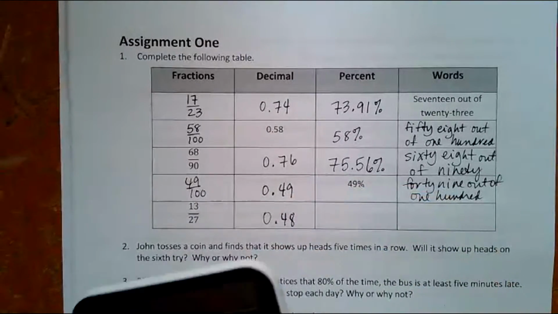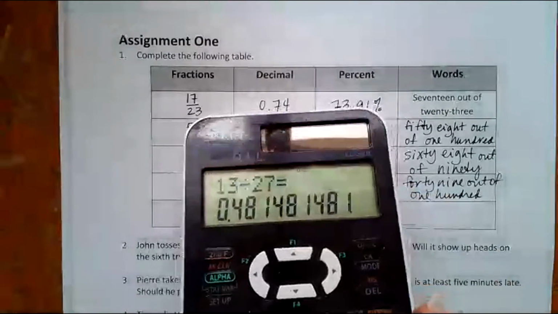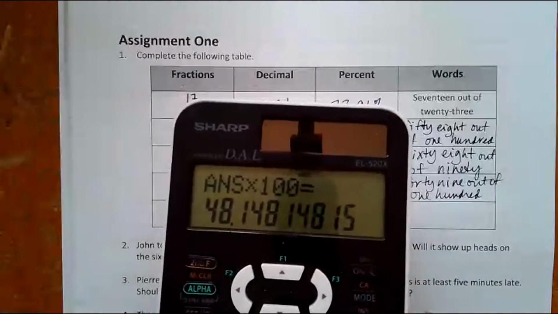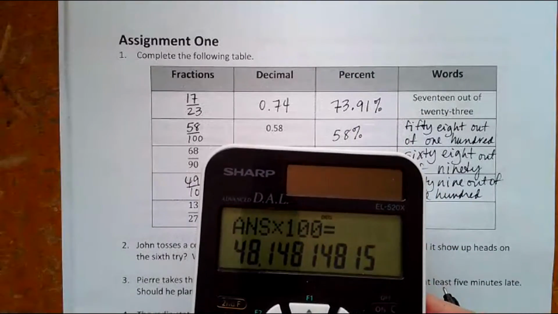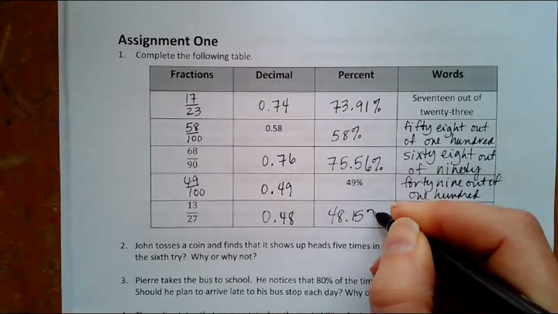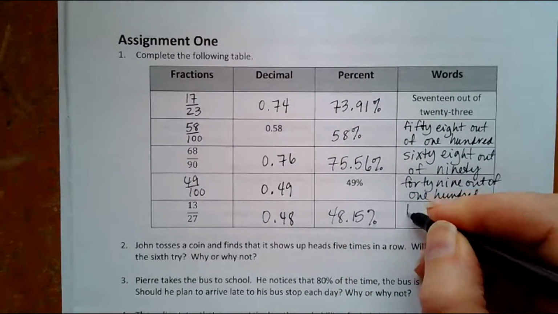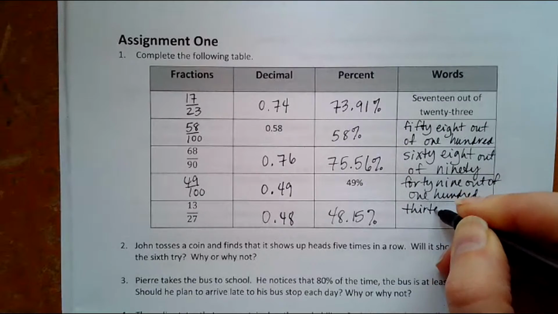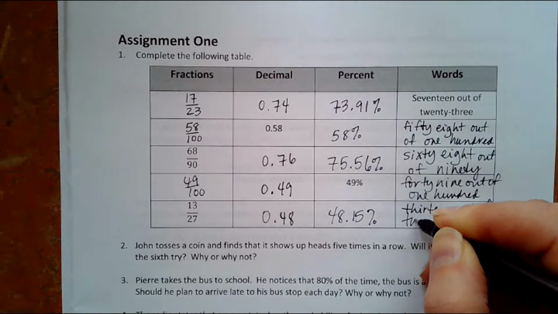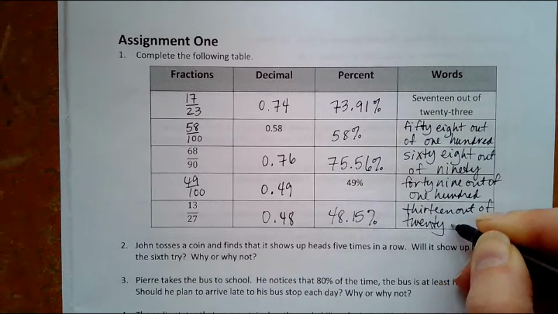But when I leave the whole decimal in my calculator and then I multiply by 100, I get 48.15. And then finally, 13 out of 27.